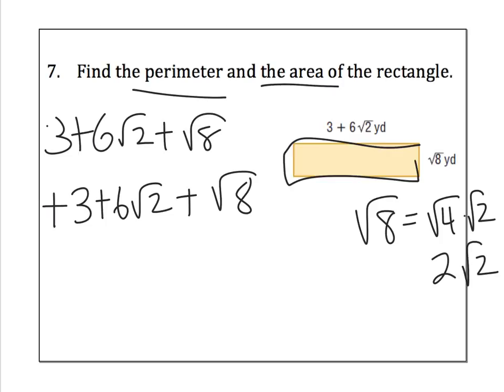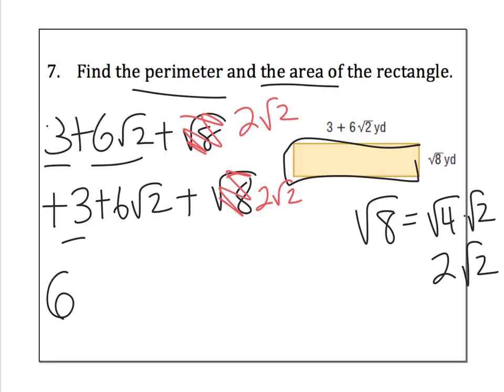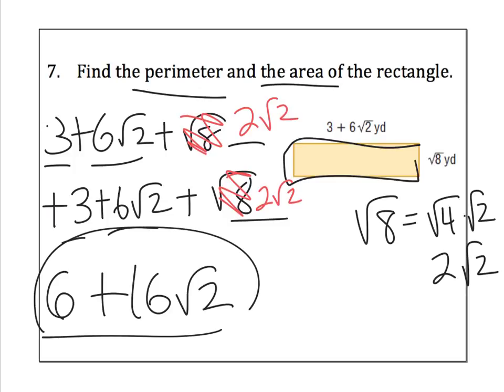So instead of square root of 8, I'm going to put 2 square root of 2, which is going to change my problem. So 3 and 3, that's 6. 6, 2, 6, 2, 6, 7, 8, 14, 15, 16. There's my answer. So, big picture is, at some point, you guys have got to start recognizing things like this that can be simplified.